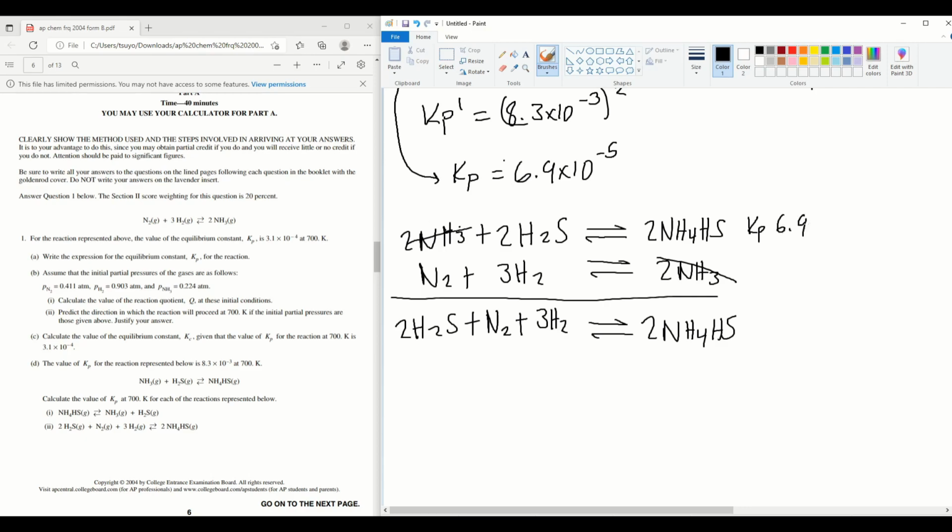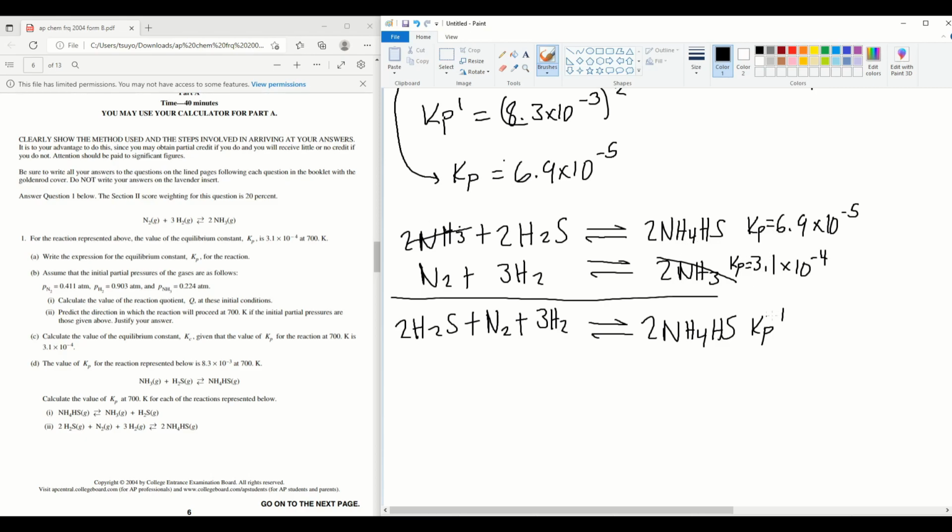So we know that this reaction's Kp value is 6.9 times 10 to the negative fifth. And then this top value is 3.1 times 10 to the negative fourth. So in order to find the Kp value of this, we're going to put a dash here because we manipulated the expressions again.